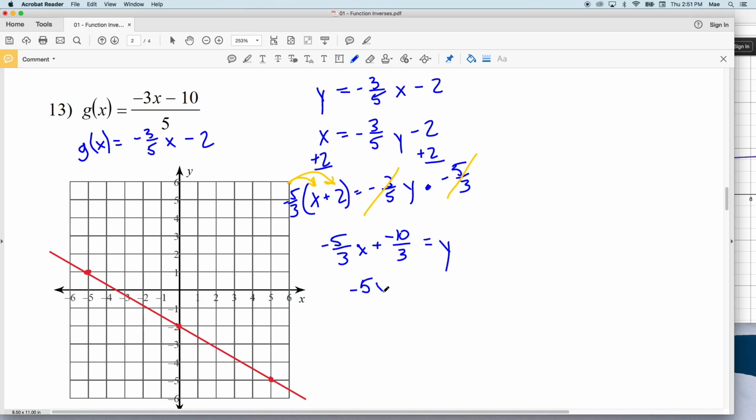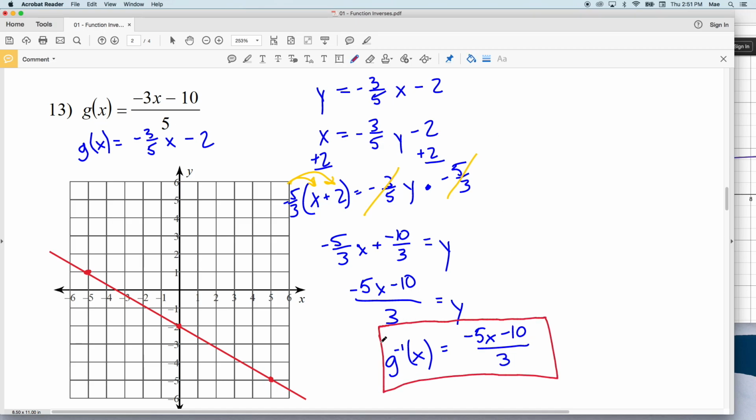So -5x minus 10, as opposed to adding a negative, I'll just subtract the positive, all over 3 equals y. Now, in function notation, the inverse function of g of x equals -5x minus 10 all over 3. Now, we can graph this.